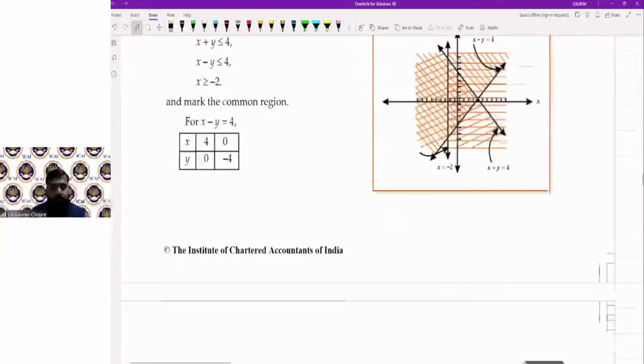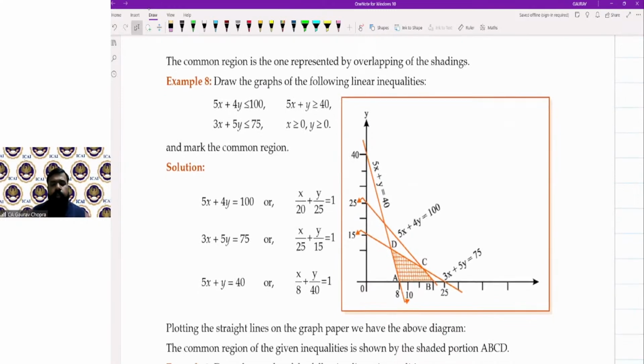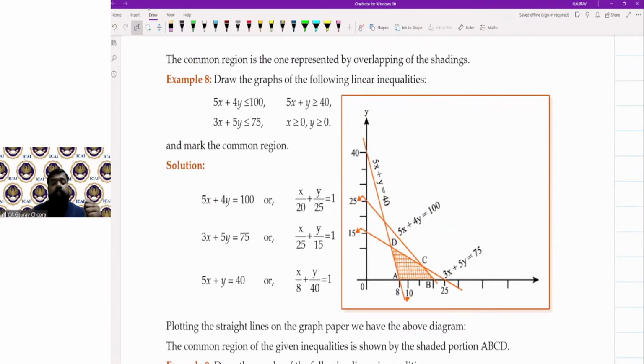Then seventh is similar to what we have done. Eighth also now you can do. In eighth, there are 3 different lines and we have to see the common region. The first one is less than 100. Less than 100 is inside area.